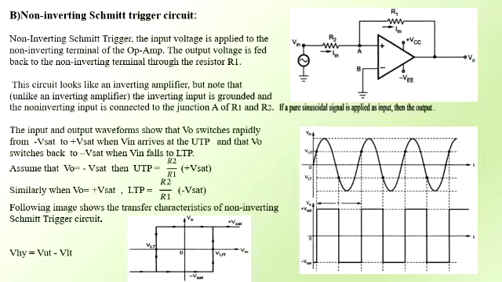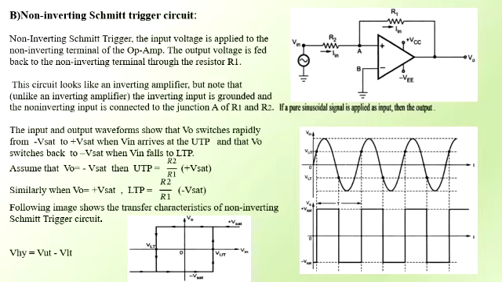That means when Vin is just slightly more than VUT, the output switches from negative saturation to positive saturation. Then the output voltage switches back from positive saturation to negative when Vin falls to the LTP.